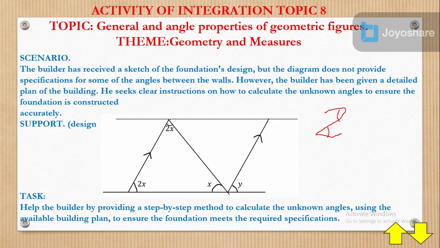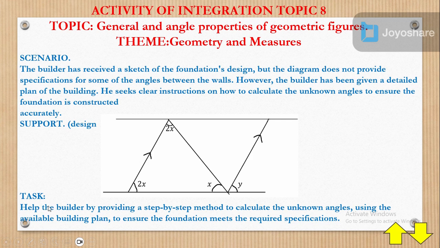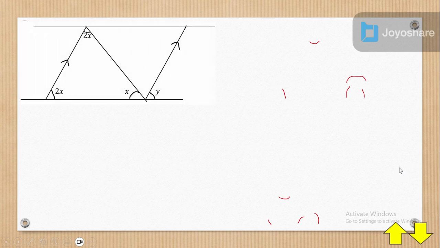Say, for example, this angle here is also 2x. Anyway, we shall go into that. So that's a brief intro. Let's now go and see how the whole thing is done. So that's our design.